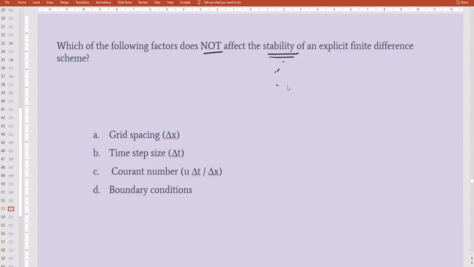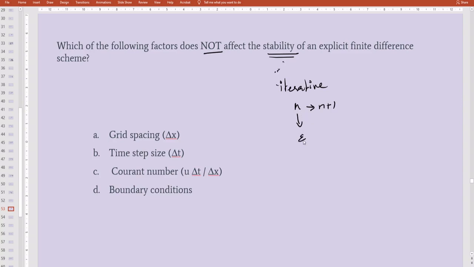Suppose we are using iterative solvers. When going from the nth step to the n plus 1 step, suppose I am inducing some error epsilon in the nth step.